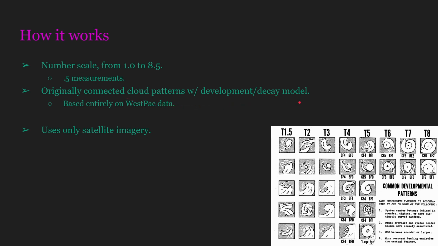with a development decay model of tropical systems, and was also entirely based on Westpac data, Westpac being the Western Pacific, where tropical storms are called typhoons, or very intense cyclonic storms if you're in the Indian Ocean, or something to that matter, but Westpac would be typhoons in this case.